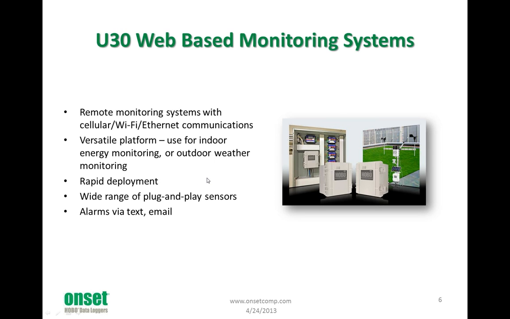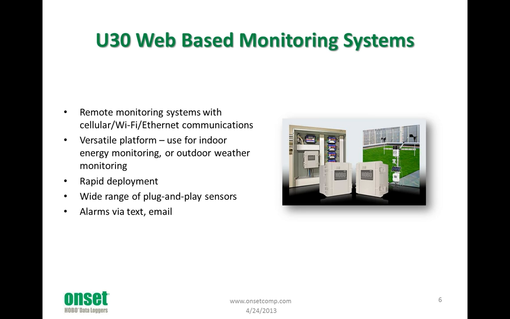The U30 is the hardware product that HOBOlink is specifically designed to work for. The U30 is a remote monitoring system where it can connect to our servers over cellular, Wi-Fi, and Ethernet communications. It's extremely versatile. It can be used for both indoor and outdoor applications, and it is very easy to deploy.